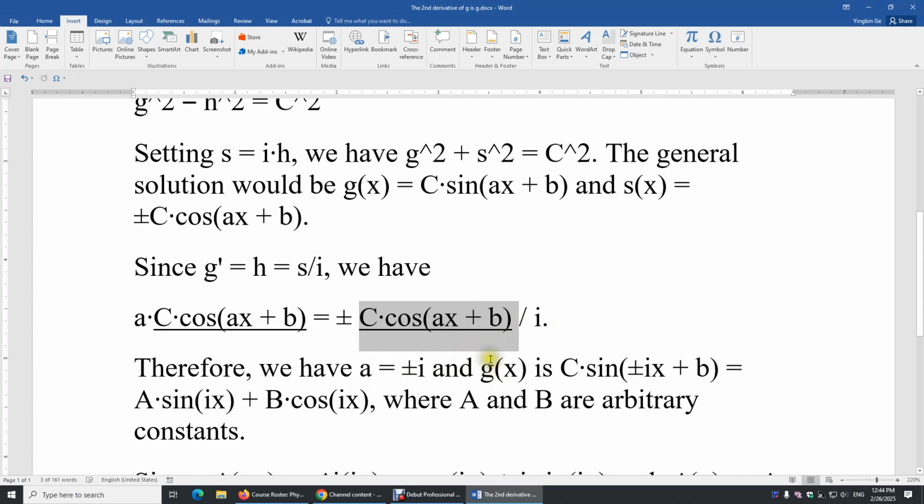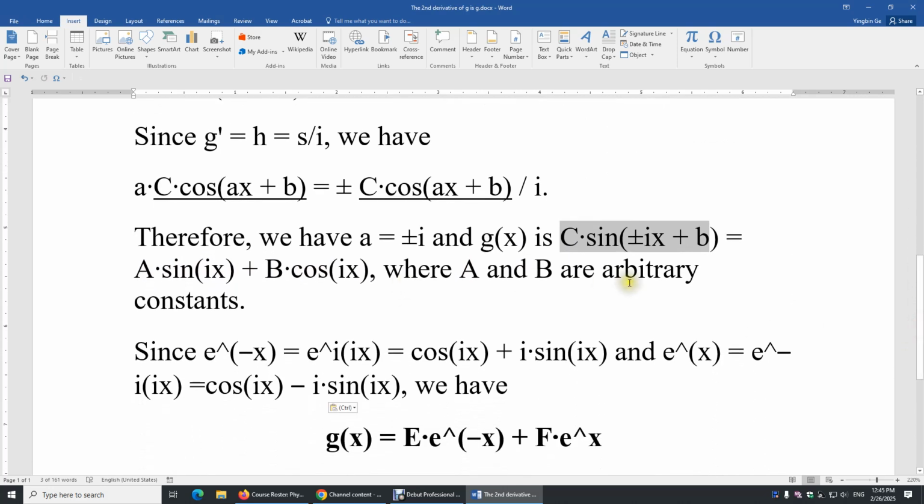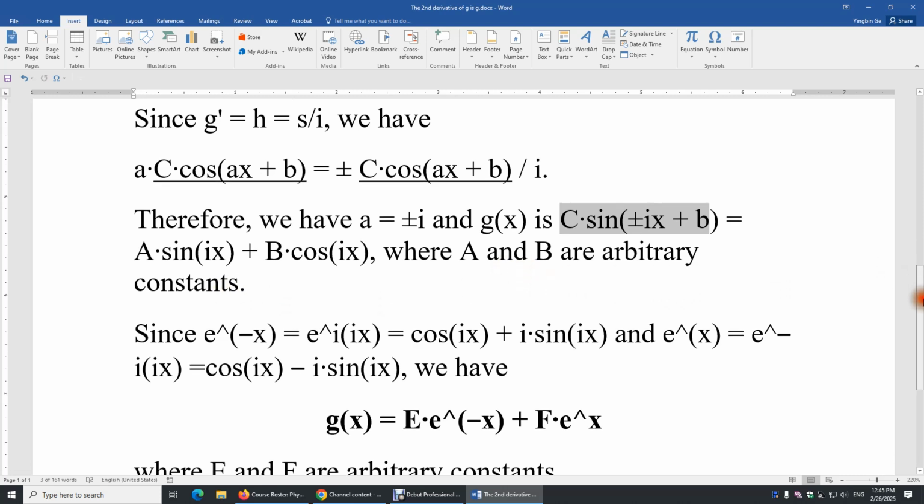And this function g of x must be a constant c times sine of plus minus ix plus b. We can expand it into a times sine ix plus b times cosine ix. Here, a and b are arbitrary constants. They can be complex numbers.